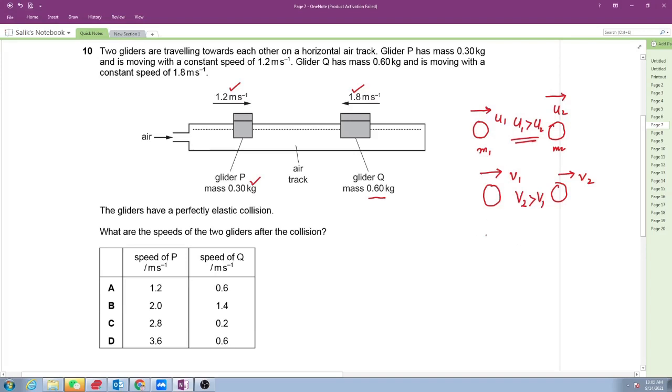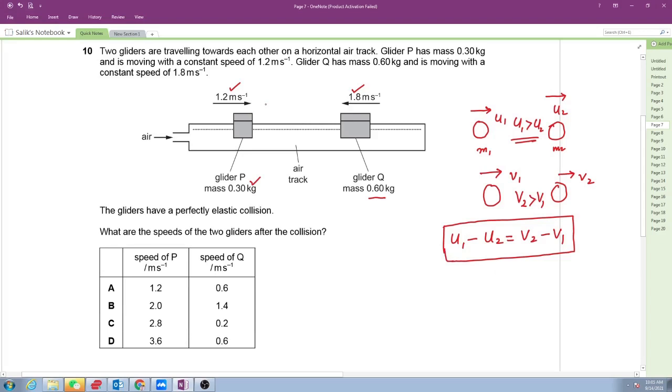So this is the short way. You can write: bigger velocity before minus smaller velocity before equals bigger velocity after minus smaller velocity after. So u1 minus u2 equals v2 minus v1. This is your standard equation for relative speed of approach equals relative speed of separation. Now in our situation, they both collide, but this one is going toward this side.